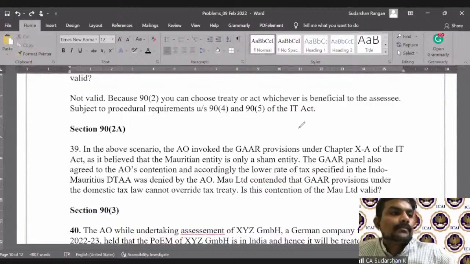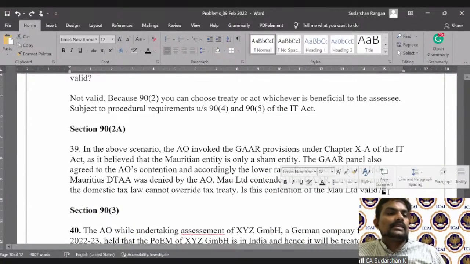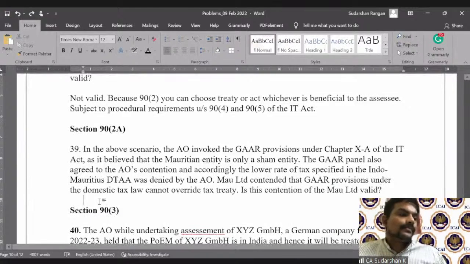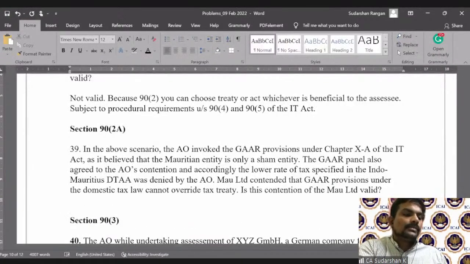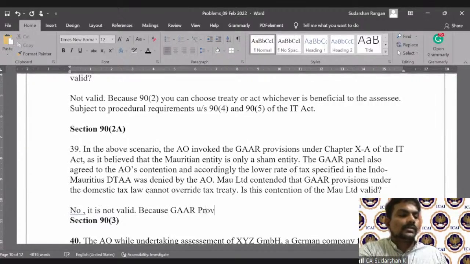So coming back to this question, is the contention of the Mauritius Limited valid? No, it is not valid because GAAR provisions can override the tax treaty.